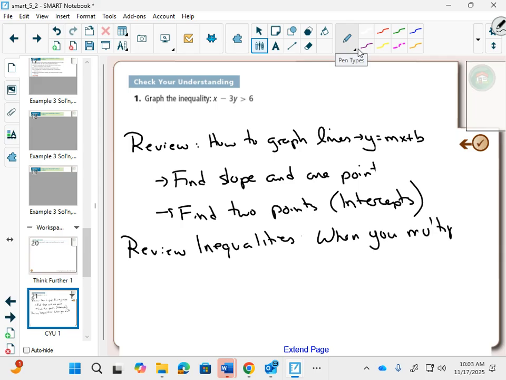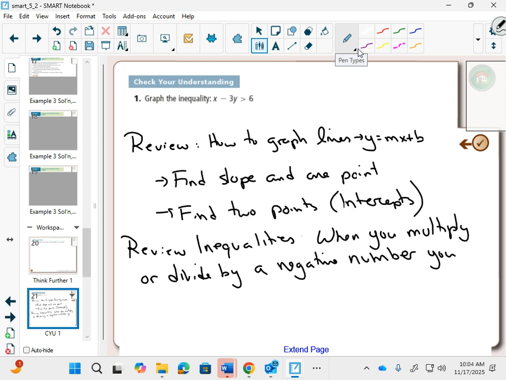So it's just for multiplying or dividing. You flip the inequality. So this is a little review stuff before we even get into this question.